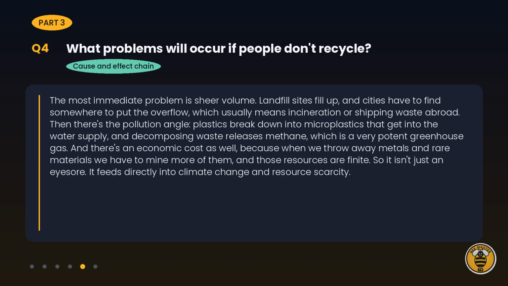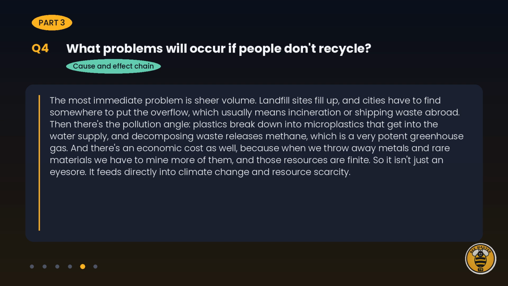Question 4. The most immediate problem is sheer volume. Landfill sites fill up, and cities have to find somewhere to put the overflow, which usually means incineration or shipping waste abroad. Then there's the pollution angle. Plastics break down into microplastics that get into the water supply, and decomposing waste releases methane, which is a very potent greenhouse gas.